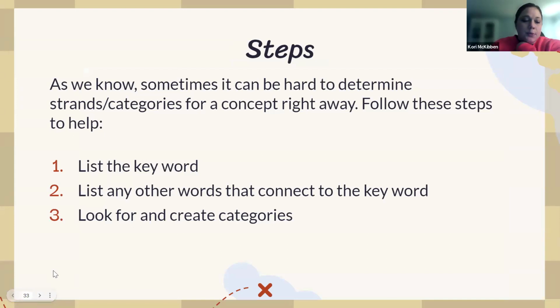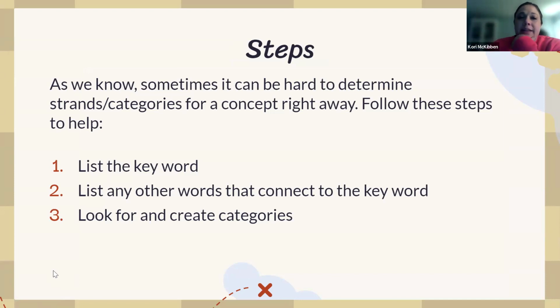So sometimes we know it can be really hard for our brains, especially when we're learning about a new topic or a new word and have very heavy academic vocabulary, that it can be hard to determine the categories or those strands, right? So you can do this in another way that I've used quite often with my students.